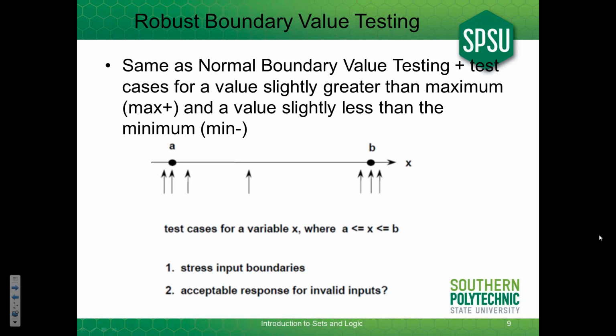The only thing you add to it is you go one to the left of the minimum, which is invalid, to see how the system is going to behave. The same way you're going to go one to the right. Just follow the same sequence of steps we have been talking about with one variable, two variables, n variables. See what happens.